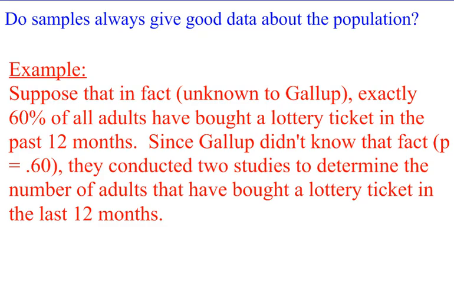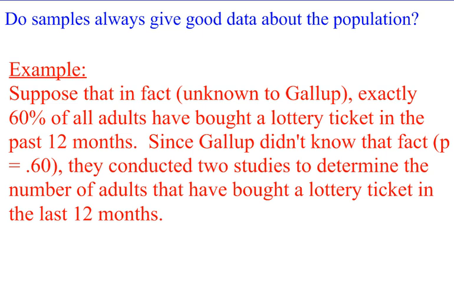Do samples always give good data about the population? Here it says, suppose that in fact, unknown to Gallup, exactly 60% of all adults have bought a lottery ticket in the past 12 months. Gallup is the major company that does surveying for our country, and there are a lot of Gallup polls you'll read about. Since Gallup didn't know that fact, the parameter is 0.6. They conducted studies to determine the number of adults who bought a lottery ticket in the last 12 months.